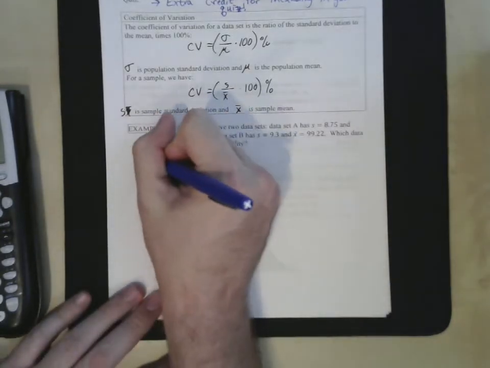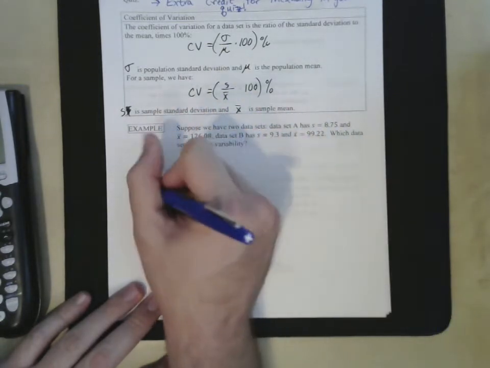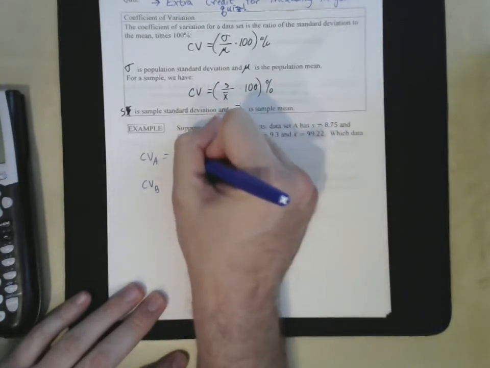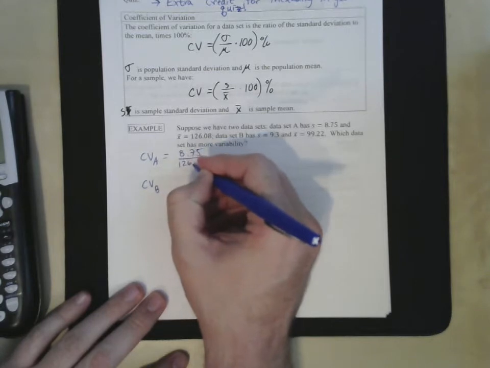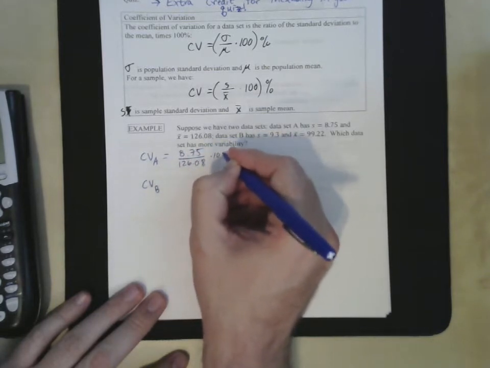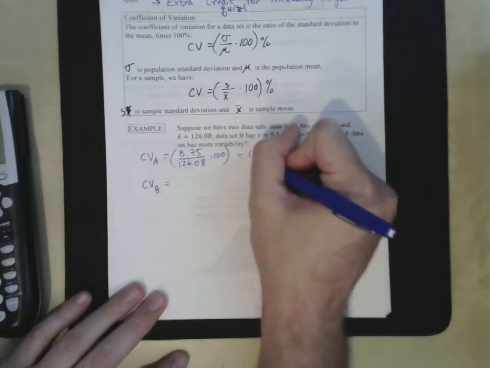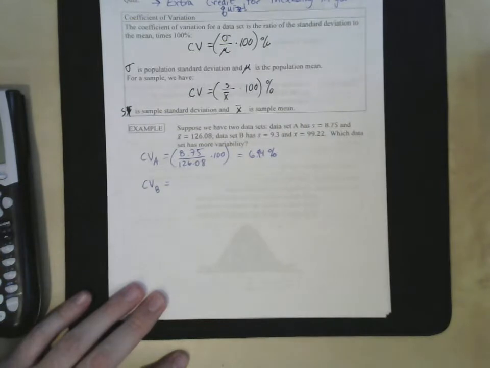So we're going to calculate the coefficient of variation for A and the coefficient of variation for B. So for A, this is 8.75 over 126.08 times 100. And this gives us 6.94, forgot the 9, and this is a percent.